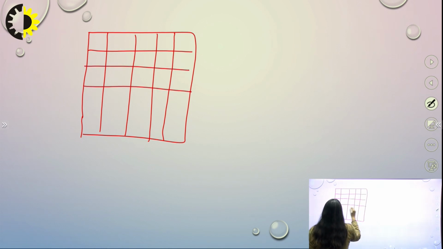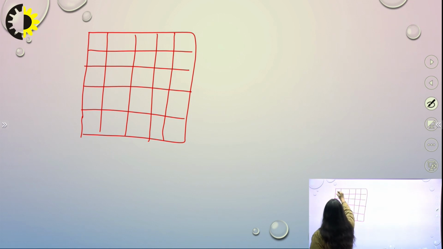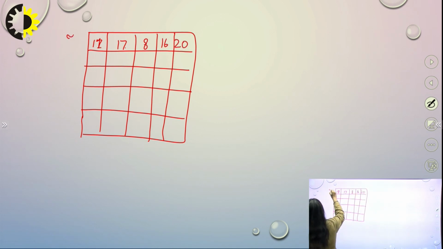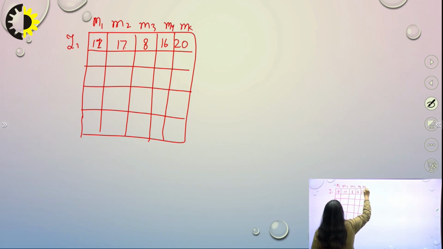That means if there are 5 rows, then it should have 5 columns. Eight, 16, 20. For example, this is job J1 and these are machines M1, M2, M3, M4, M5.